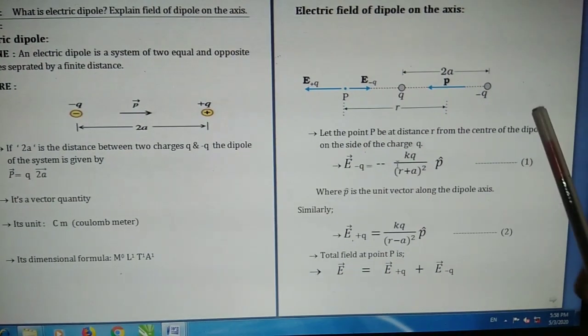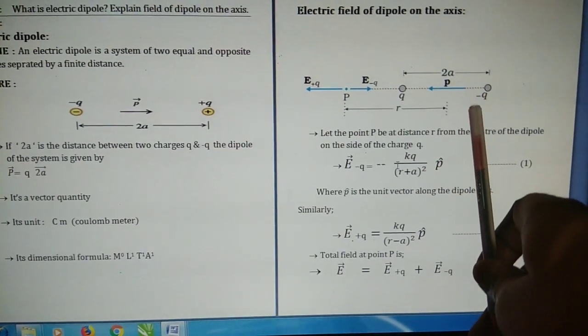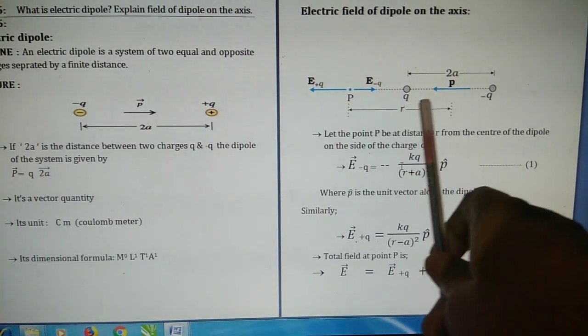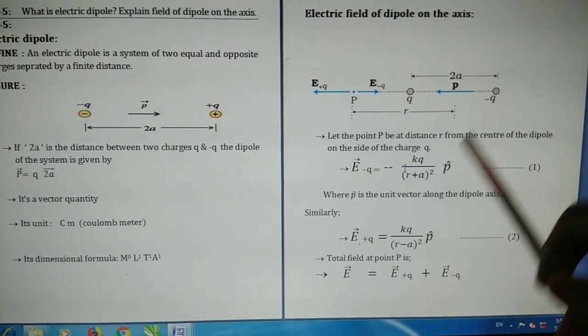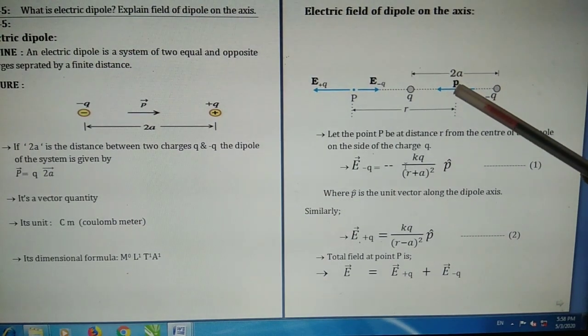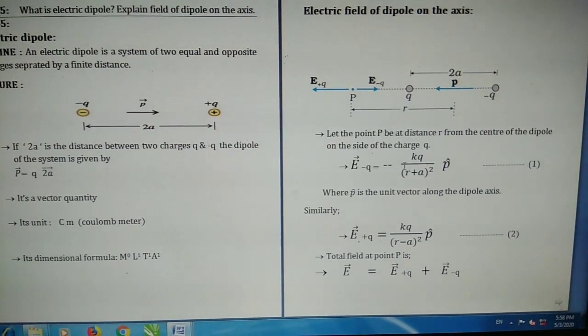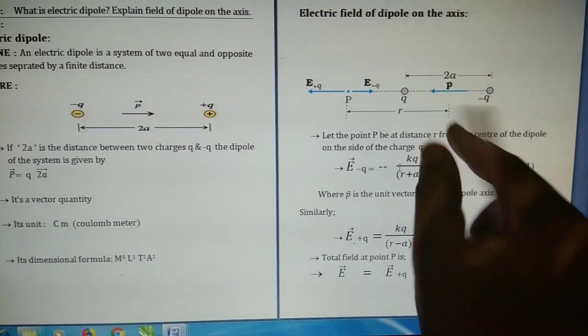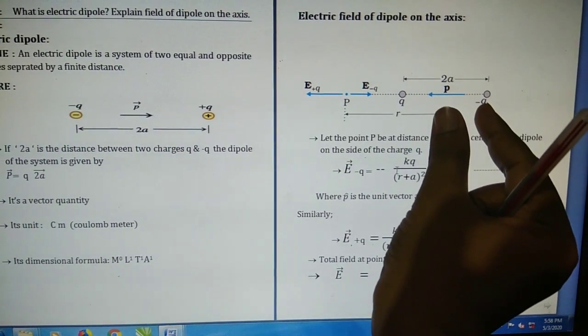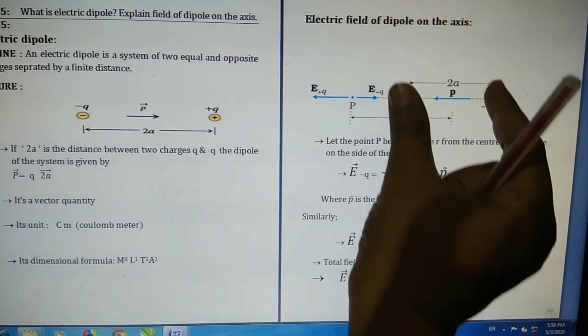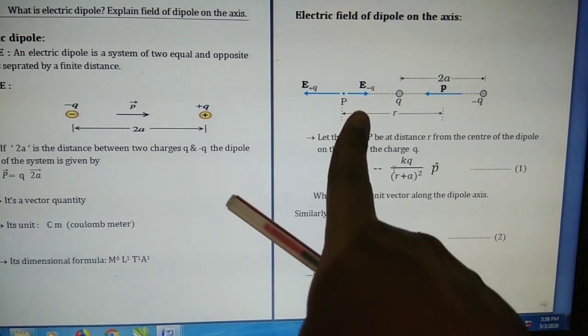Now let's talk about its figure. Two charges are separated by a finite distance 2a, and suppose this is the midpoint. Then this distance is a and this distance is a, so the total distance is 2a.